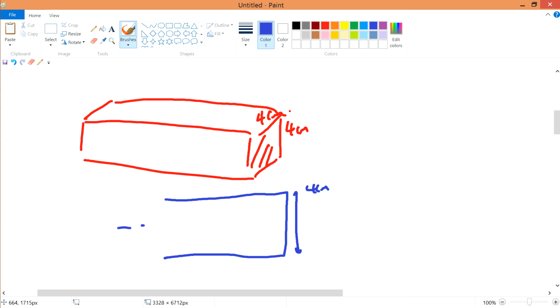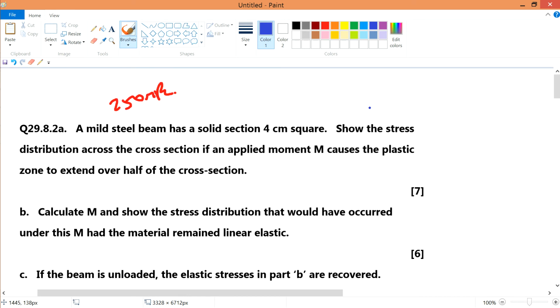And we have a neutral axis. If you still remember, this is the neutral axis. So this is 2 cm, this is 2 cm over here. This is 0. And it actually asks us to show that the stress distributes across the section that causes the plastic zone to extend.